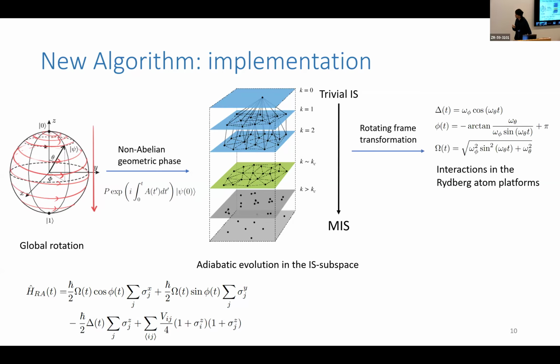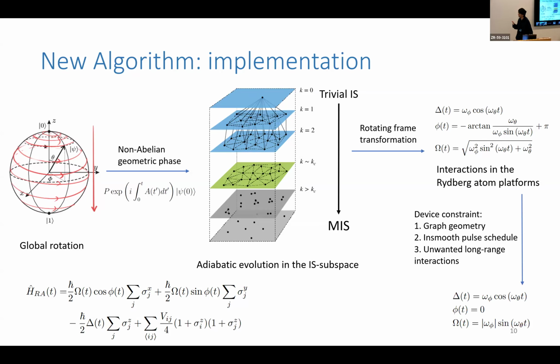By a rotating frame transformation, this procedure can be exactly mapped into the Rydberg atom Hamiltonian, which is determined by these three parameters, and in the ideal case they can be tuned on the Rydberg atom platform. So delta is the detuning, phi is the phase of the laser, and omega is the Rabi frequency. In the ideal case, our protocol is essentially just these parameter changes.